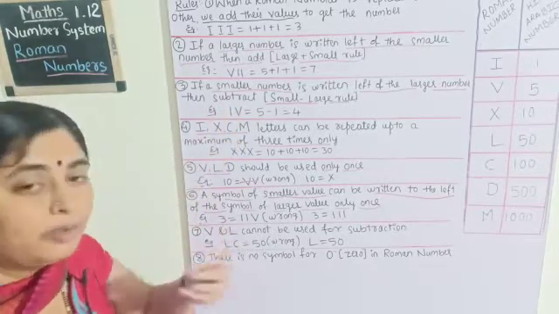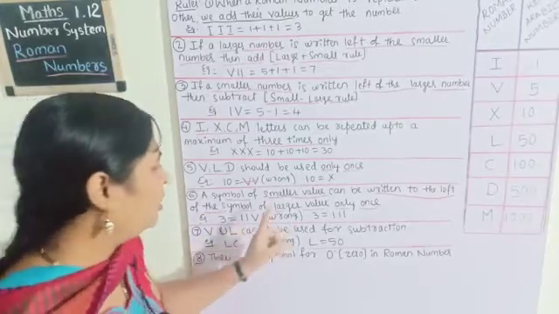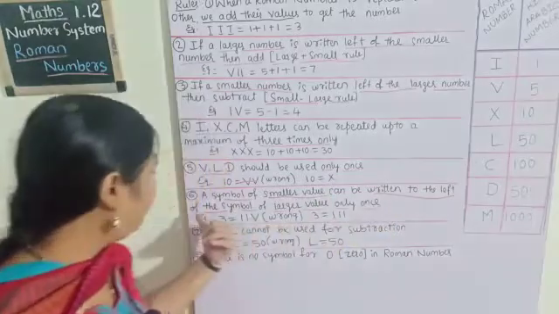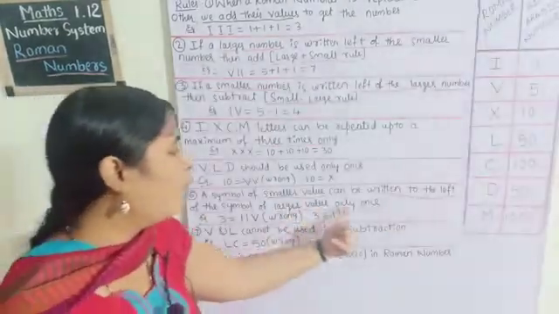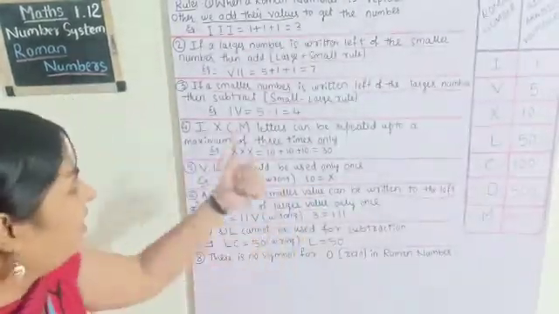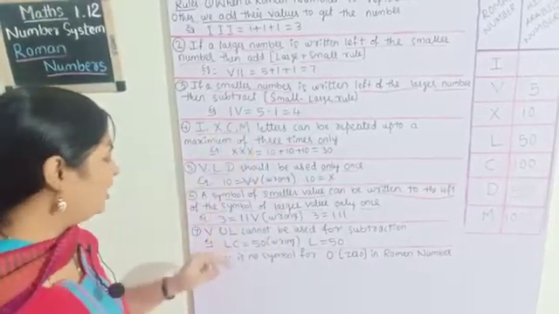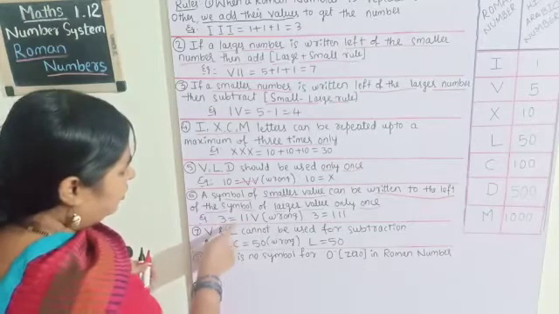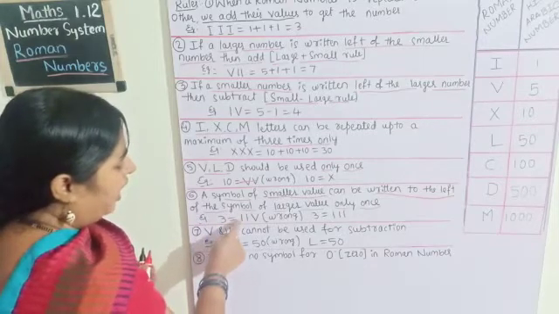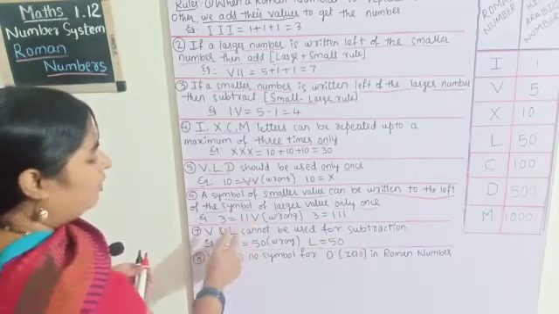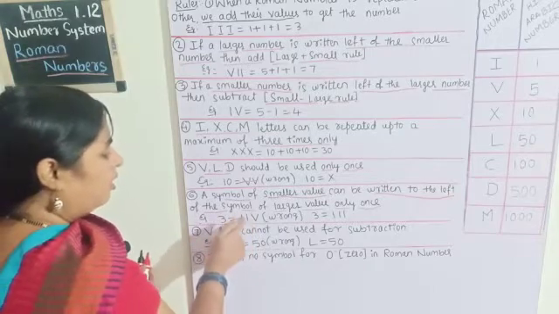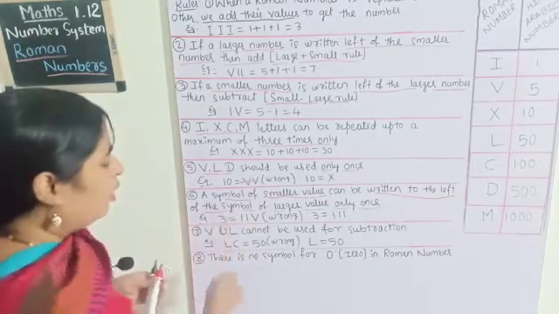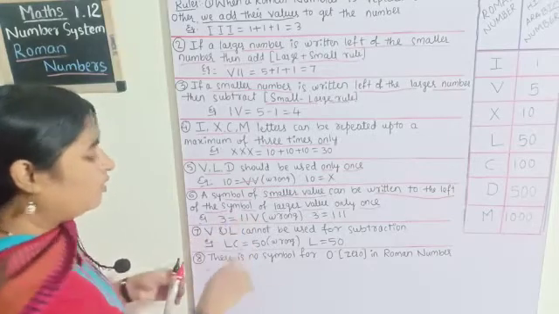See, what the 6th rule says is that a symbol of smaller value can be written to the left of the symbol of larger value. Here we have written the smaller value to the left of the bigger value. This is bigger, this is smaller, and I have used it only once. When I want to write 3, how much is it? Whenever I have written a symbol of smaller value to the left of the larger value, I can subtract these two. 5 minus 2 equals 3.